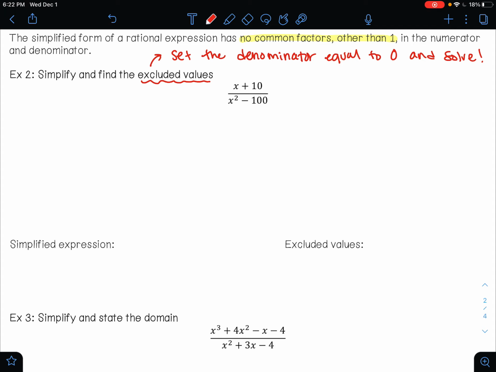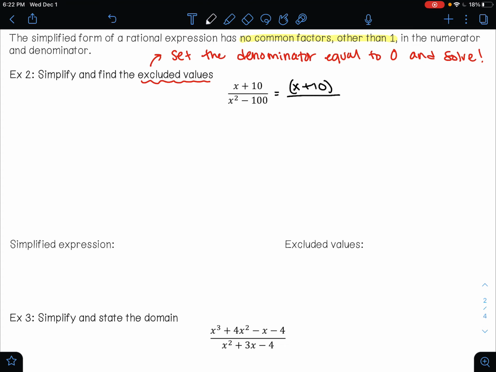Before I get to those excluded values, let's look at our fraction itself. We have x plus 10 divided by x squared minus 100. X plus 10 is a linear factor. There's no GCF. There's nothing that I can simplify there. So I'm going to go ahead and leave it as x plus 10.